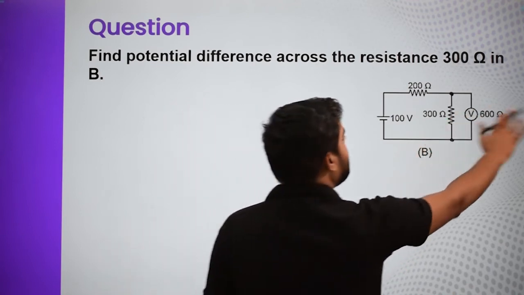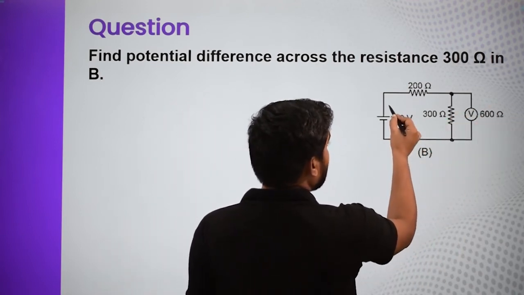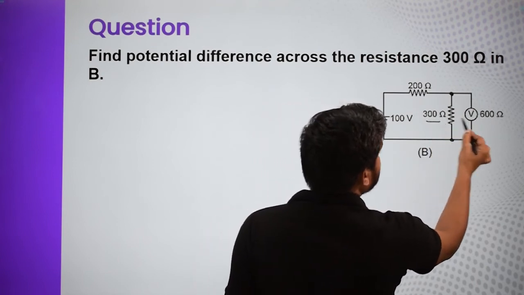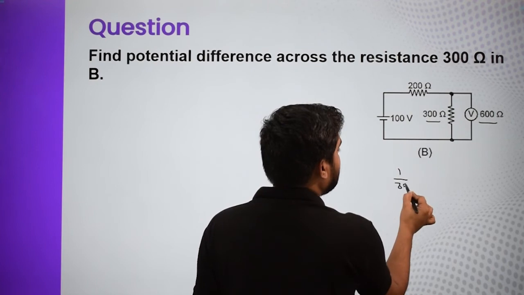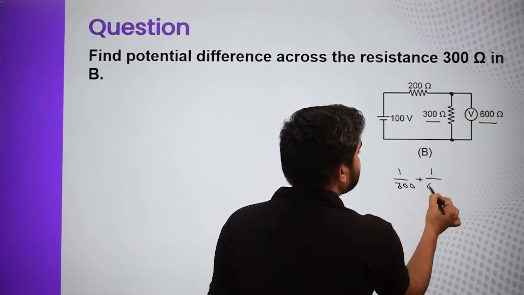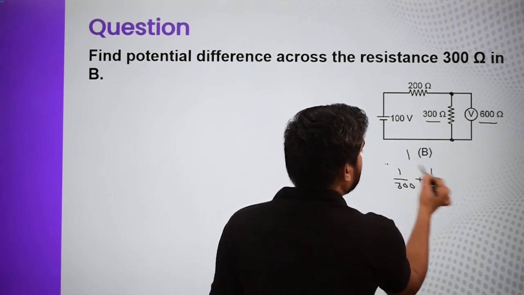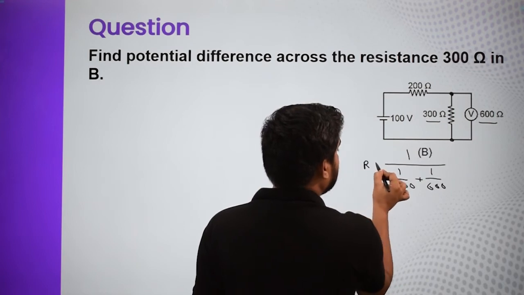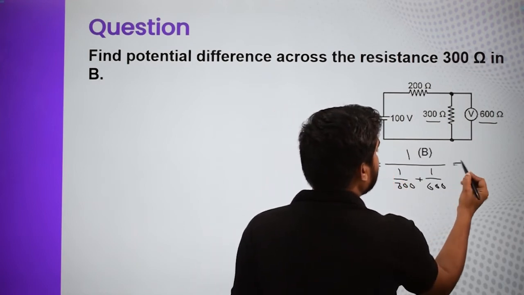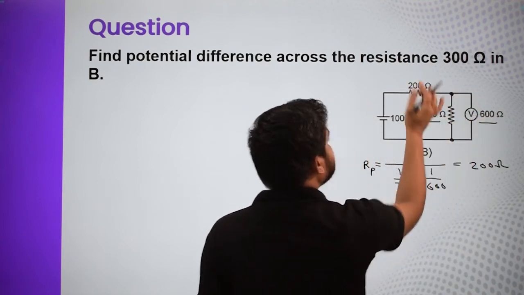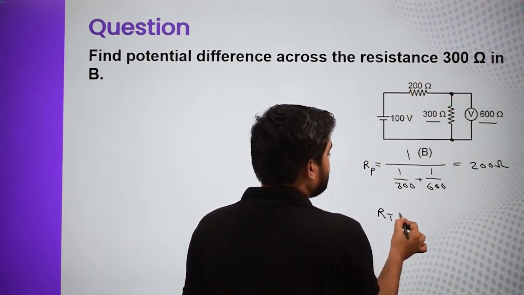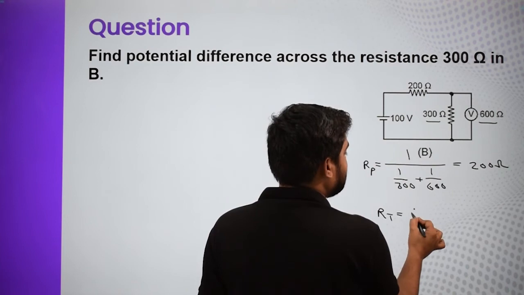So here treat this as a normal resistance. Now, again, what is the total resistance? Resistance of these two combined is basically 1 by 300 plus 1 by 600 and reciprocal of that. So we will get the resistance of the parallel combination as 200 ohm. And if this entire 200 ohm is combined with that, then the total resistance of the entire circuit is basically 400 ohm.